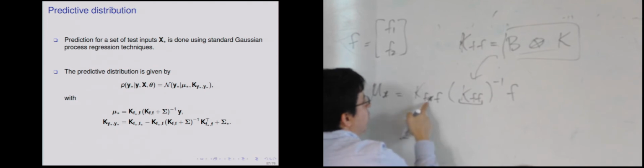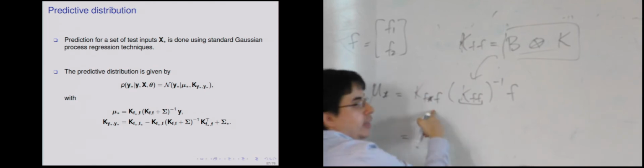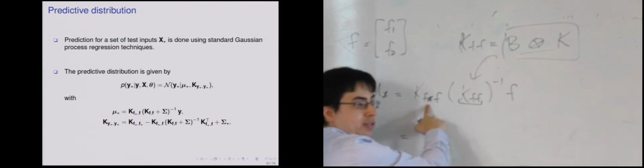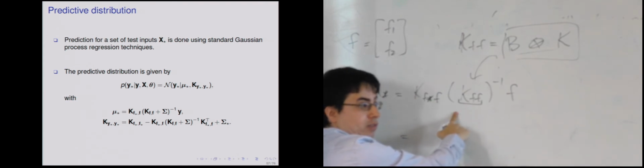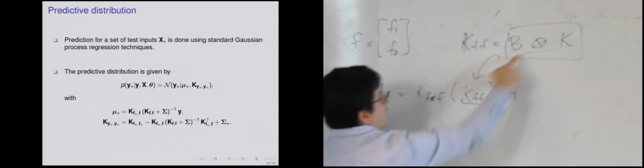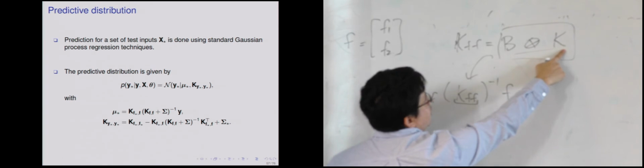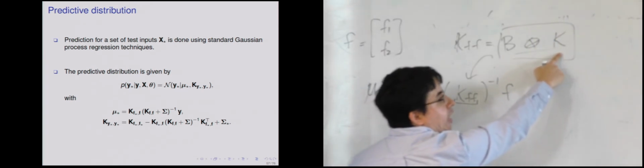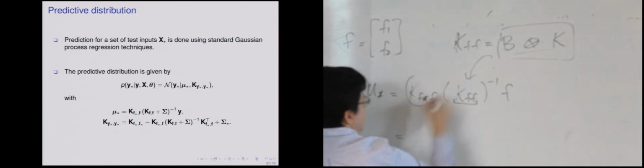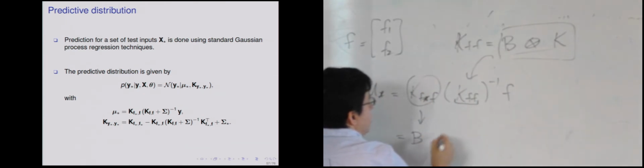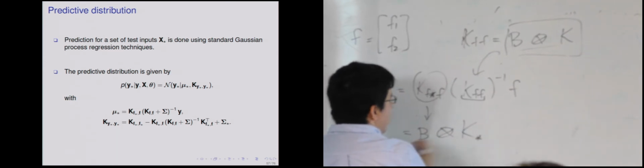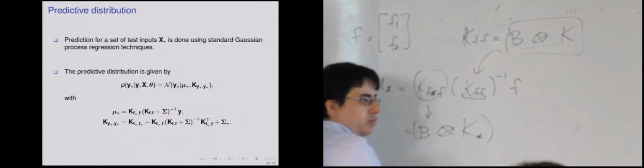For K_f*f, this means a covariance matrix between the test points and the training points. It has the same shape as this one, but instead of K on the training data, it's going to be K between the test inputs and the training data. So I can just replace this expression by B Kronecker product with K, which I'm going to call K star.